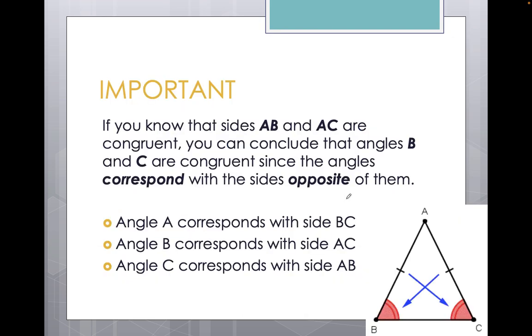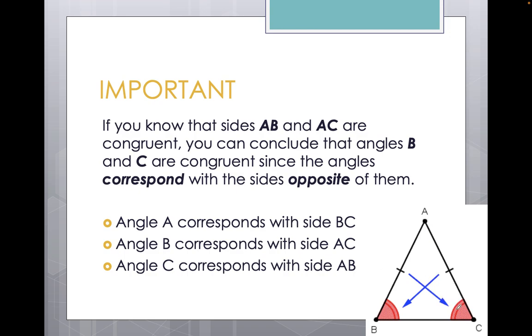Here's another example. If we know that AB and AC, those two sides, are congruent, you can also conclude that angle B and angle C are congruent because they correspond with the side that is opposite or directly across from them.